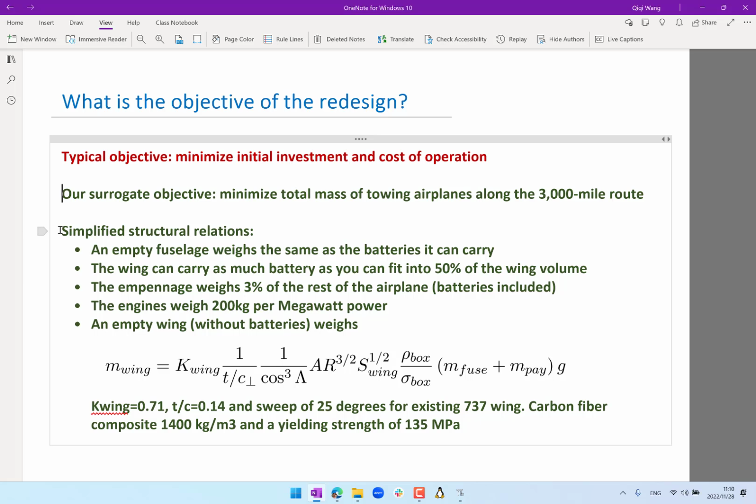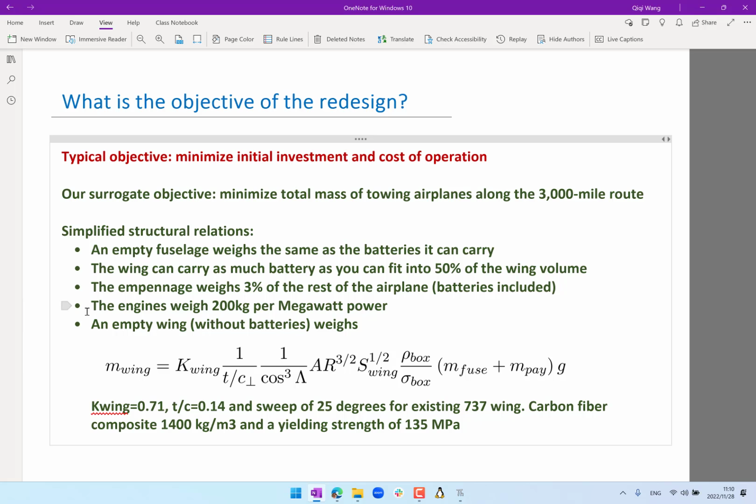And the empennage, for stability purposes, let's just say it weighs 3% of the rest of the airplane. So just add up all the weight of the fuselage, wing, and engine, and add 3% for the empennage. So again, as simple as you can get. And the engine, we don't really know what technology is going to go into such big aviation electric motors yet.